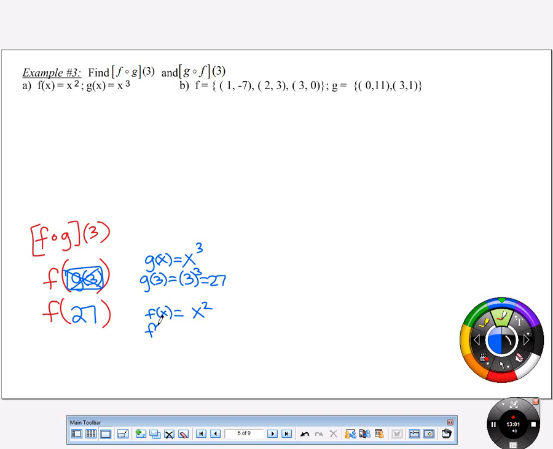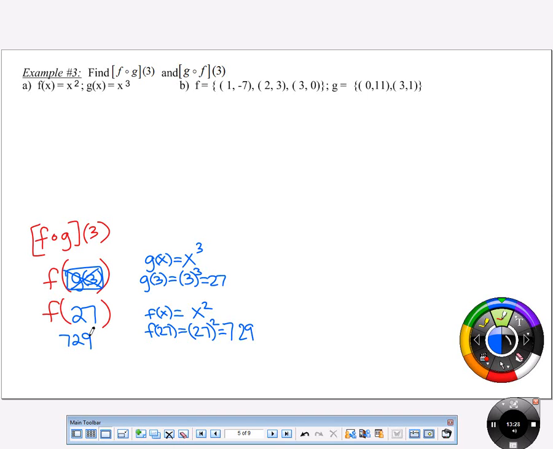So if I want to find f of 27, that means I'm actually taking 27 and squaring it. I don't know what that is on the top. What is it? 729? I can't hear you. Okay, thank you. Okay. All right, so 729. So we found f of g of 3, and it was equal to 729.